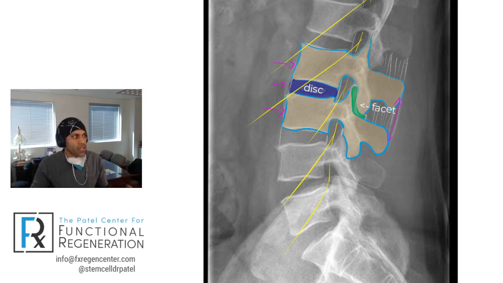So the bone starts to create what's called bone spurs. A bone spur is just a growth of bone that's reacting to the excess friction. I'll show you a little bit about what that looks like in a second.